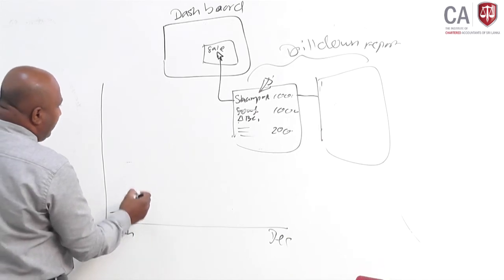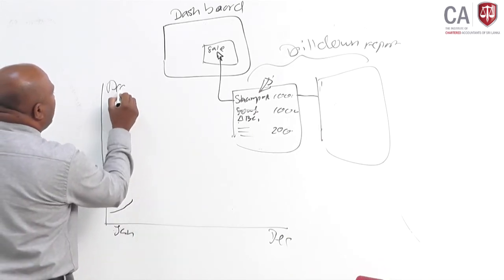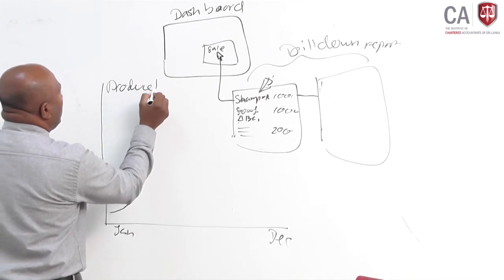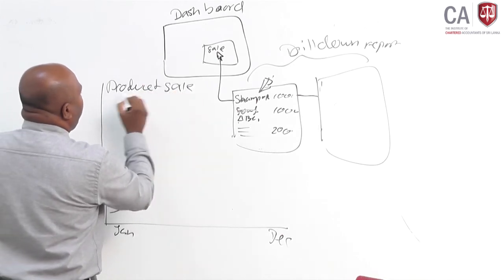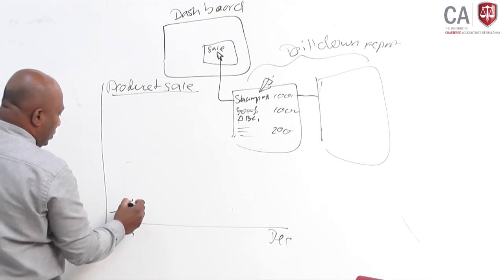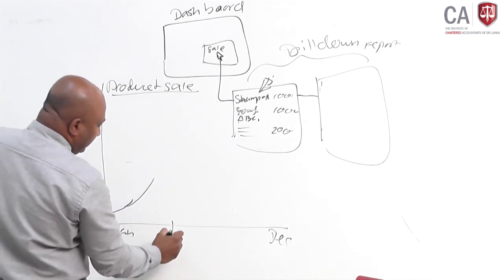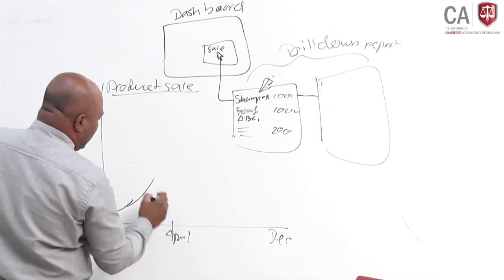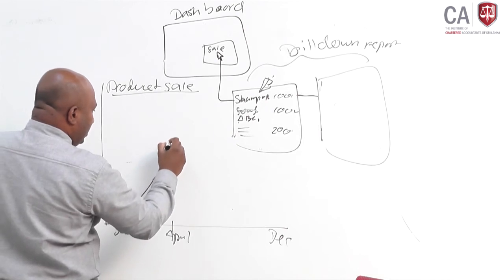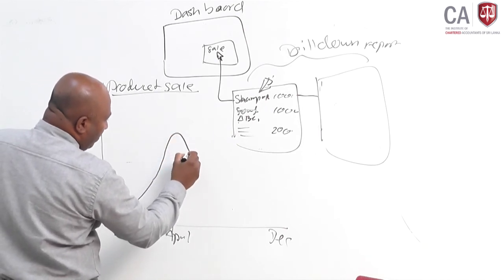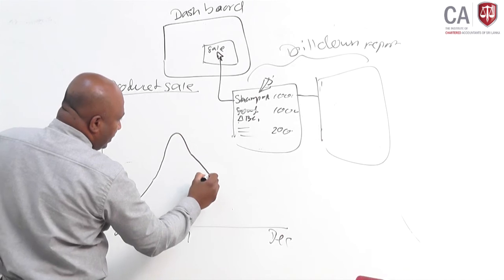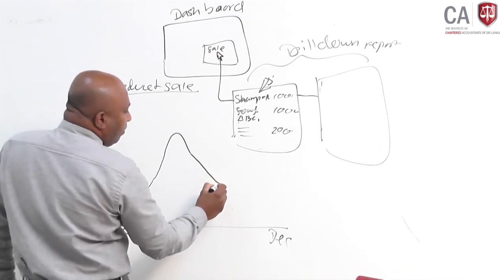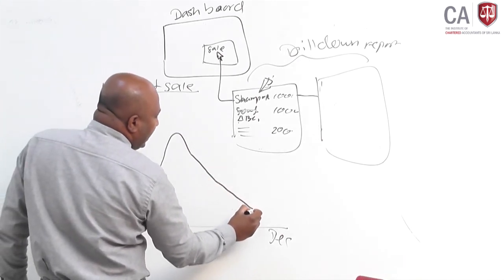Product sales. Here in April the sales are going up, again it's going like this, and December also like that.